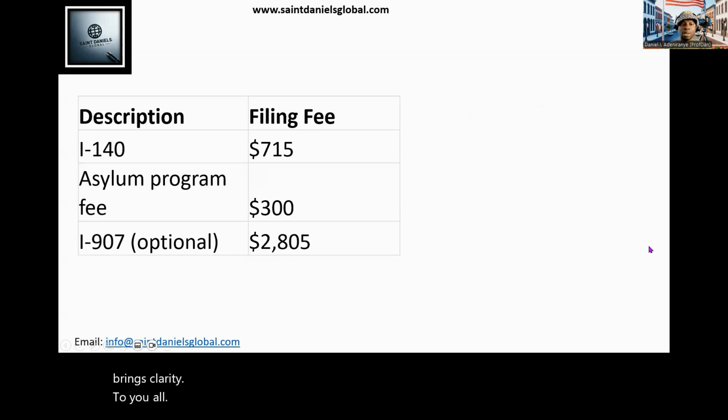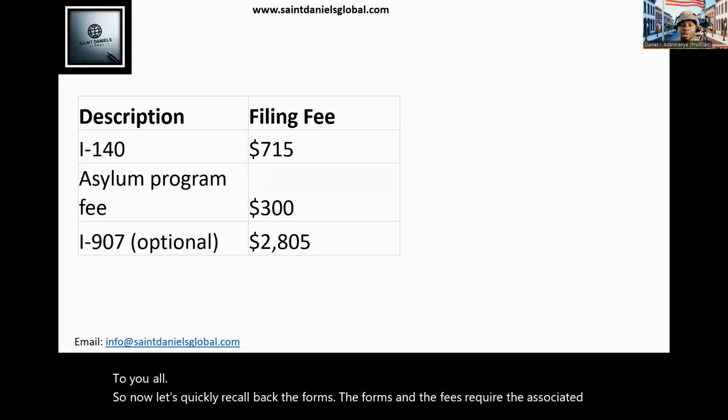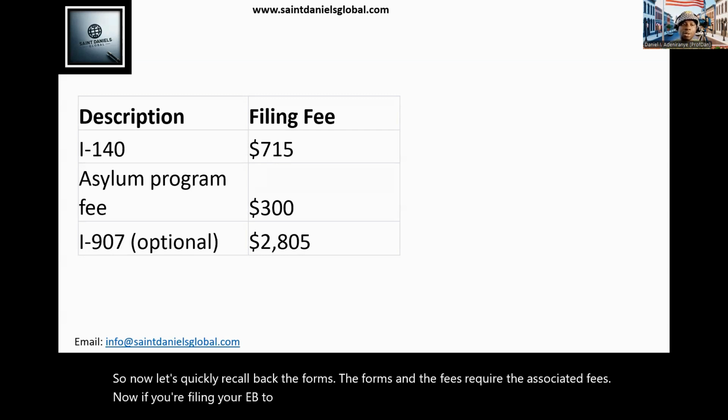So now let's quickly recall the forms and the associated fees required. If you're filing your EB-2 NIW, you recall that you have to fill Form I-140, which presently costs $715.